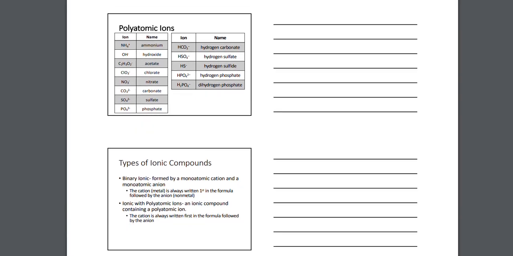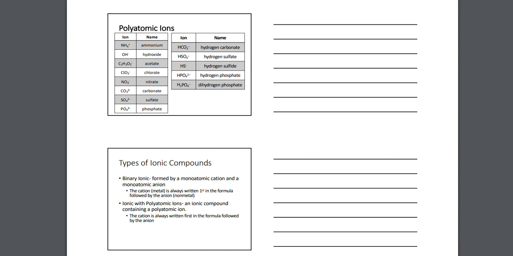Now, if you have a question crossing your mind, do I need to memorize these? Yes, you do. I will give it to you in the first exam, but I will not give it to you in the final exam, because we will mention those and go over them many times, not only in this chapter, but also in chapters to come when it comes to precipitation reactions and balancing equations.